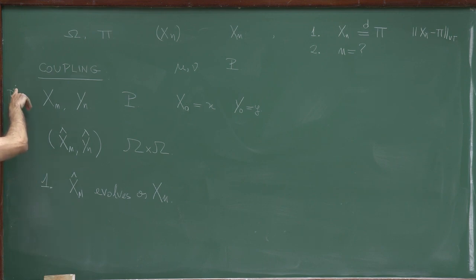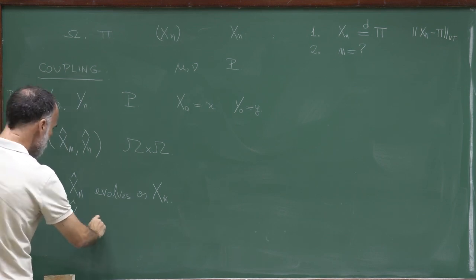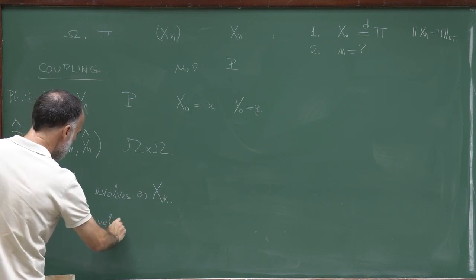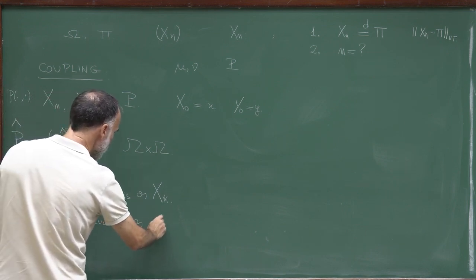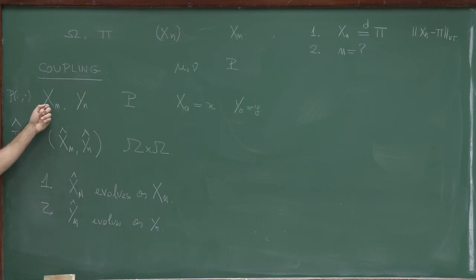And also the second marginal evolves as Y_n. So I would say that (X hat, Y hat) is a coupling of the Markov chains X_n, Y_n if these two properties are matched.